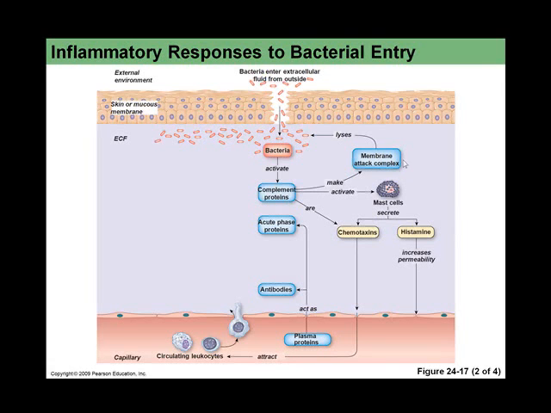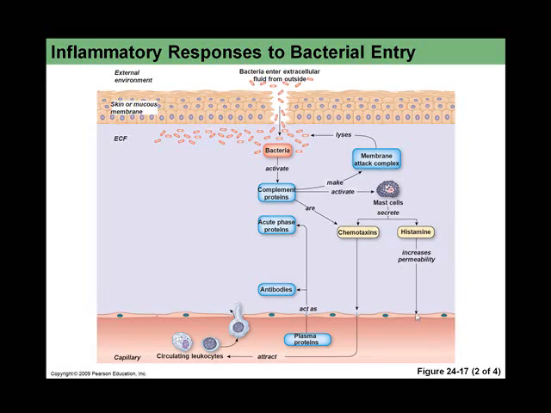They will make the membrane attack complex that is going to contribute to the lysis process of the bacteria. And also they will activate mast cells, as we saw. Even if there is no binding to IgE, the complement proteins can signal mast cells to secrete chemotaxins and histamine to increase the permeability.